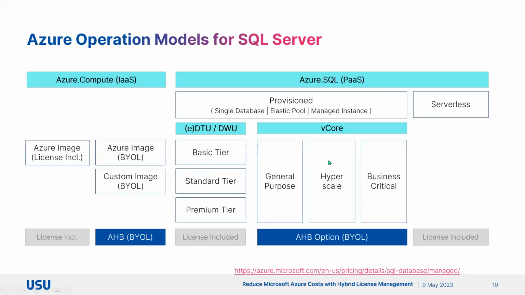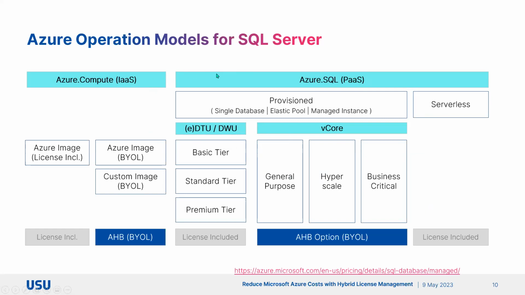If we look at SQL Server, the other big and also expensive product, which is covered by Azure Hybrid Benefit, then that's quite complex. The first question is, which operational models are possible? So which services exist to operate a SQL Server in Azure? And this is, I think, a quite compact and good overview.